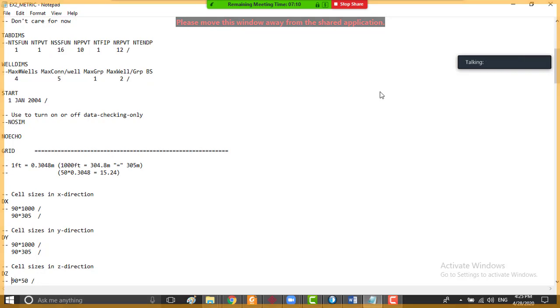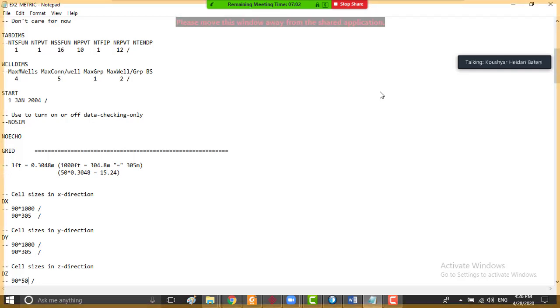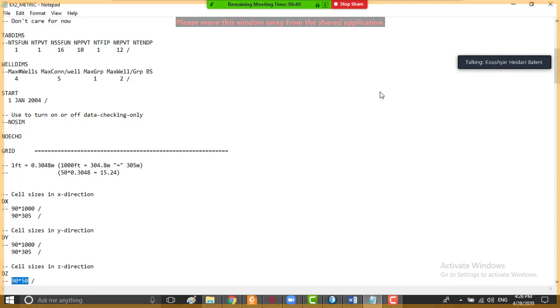Also, I decided that the length, the depth, the thickness of blocks in the z direction are 50 feet. So I have to write 50 for dz 90 times. And I can write it in this way. 90 times 50. Okay?